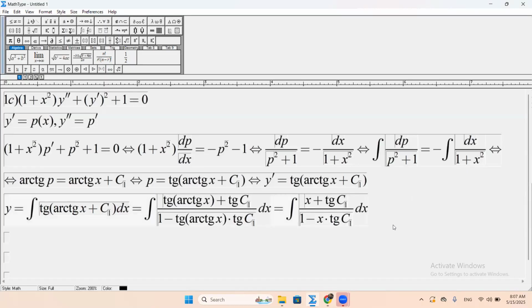So now we received a rational fraction. How to integrate it? Let us split it, let us expand it.